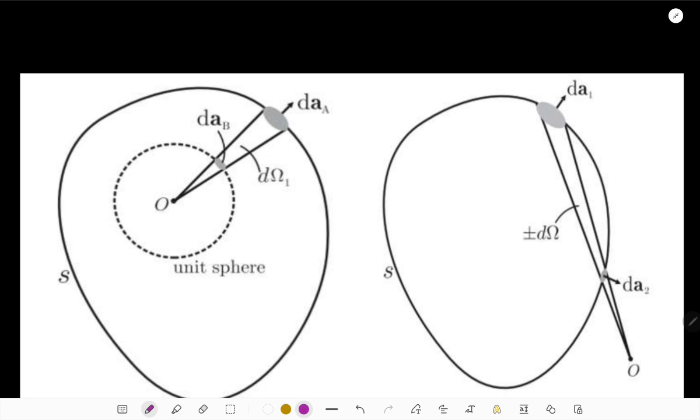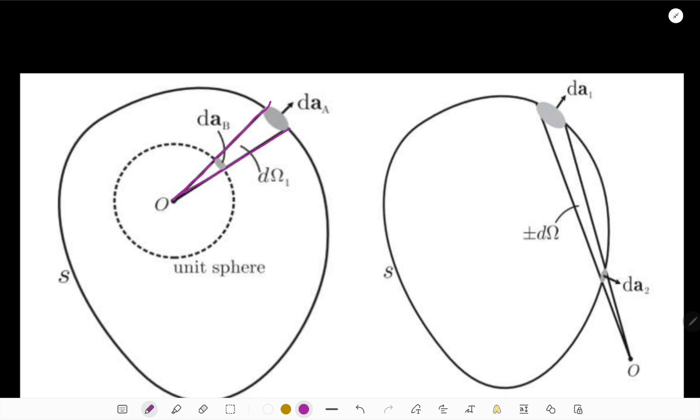This is the first part of the problem, and I have drawn a picture, and this picture is a smart picture, because this picture strongly suggests that I have chosen an origin, and I have chosen a unit sphere, a sphere of unit radius inside this arbitrary shaped closed surface, and I have made a cone like this.